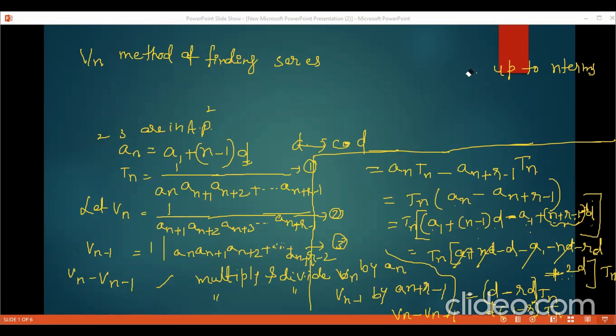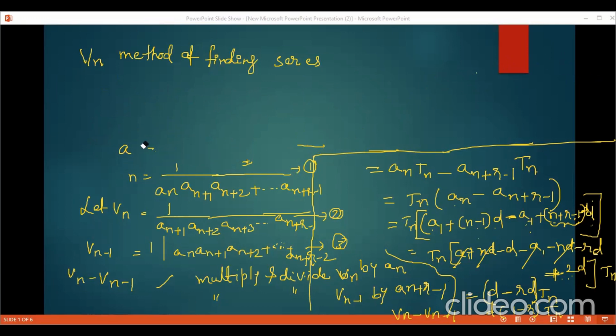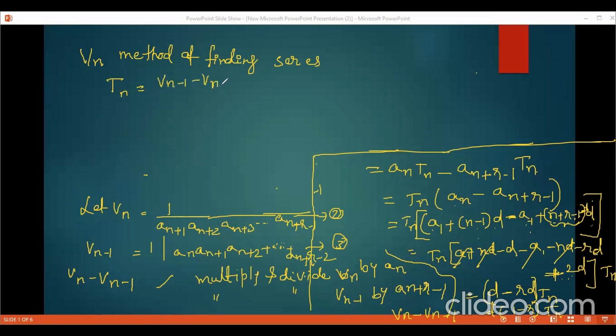From this, we can calculate Tn now. We can write easily Tn, right? Come on, write Tn now. Tn is equal to Vn minus 1 minus Vn by 1 minus r, no?